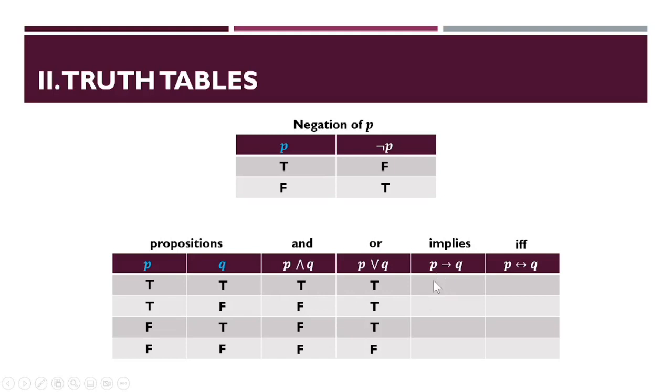For implication, it is true if they are both true, and false implies false is also true. For biconditional, it is true if they are both true or both false.